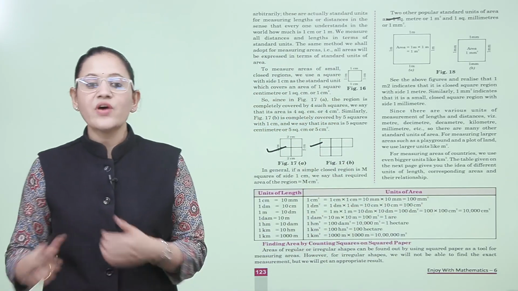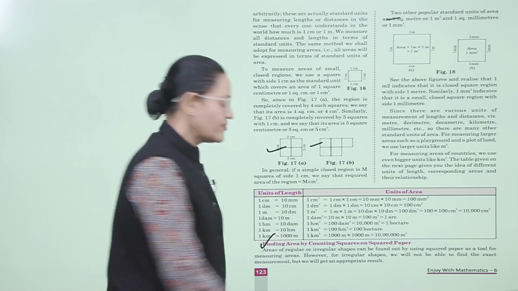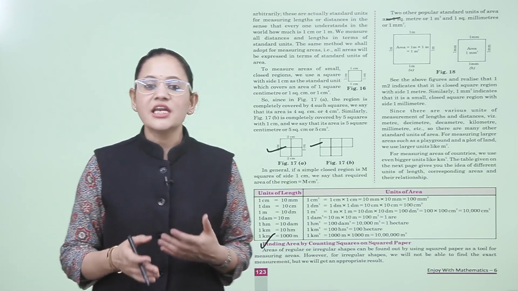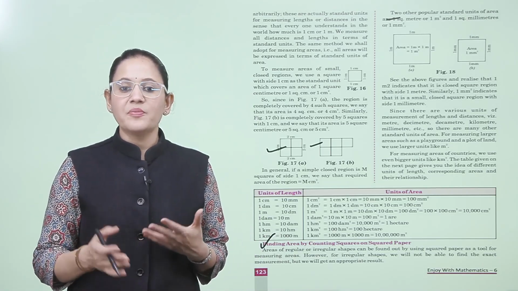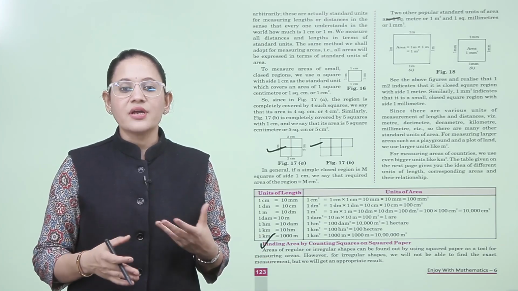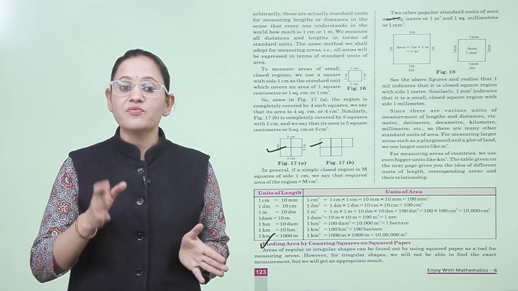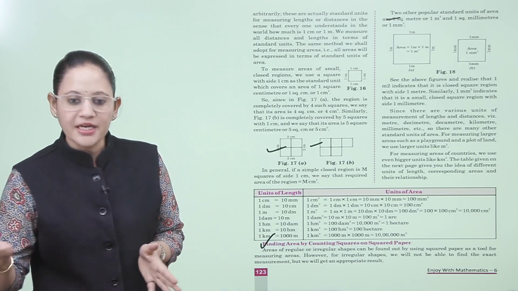Clear? Next, finding area by counting squares on square paper. Areas of irregular shapes can be found by using squared paper as a tool for measuring areas. However, for irregular shapes, we will not be able to find the exact measurement, but we will get an approximate result.